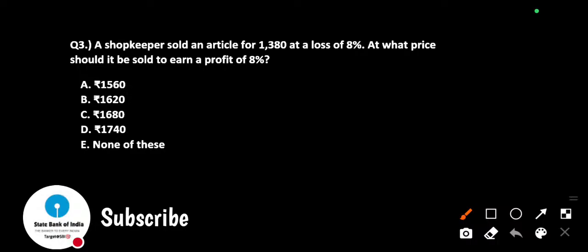A shopkeeper sold an article for 1380 at a loss of 8 percent. So it was sold at 92 percent.